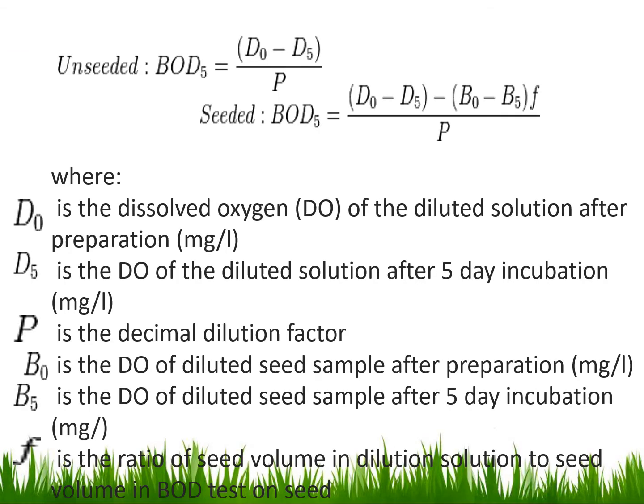This is the summary. I think you already know. We are now adding a factor which is called the dilution factor, and we will then subtract the final oxygen level from the original oxygen level at zero time, and also multiply by the dilution factor, so it will give us the BOD5.